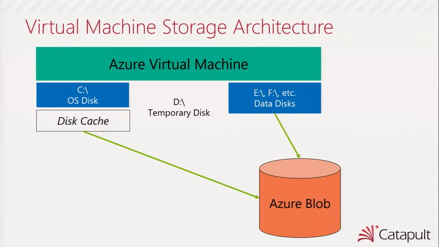So if you've got two machines in an availability set, and let's say you're running SQL and you're using SQL mirroring, you can make use of that temporary D drive for your SQL logs, right? Just on the understanding that if that VM gets moved, you're going to lose that D drive. But that's okay, right? It's just your temp DB. It doesn't really matter that much.